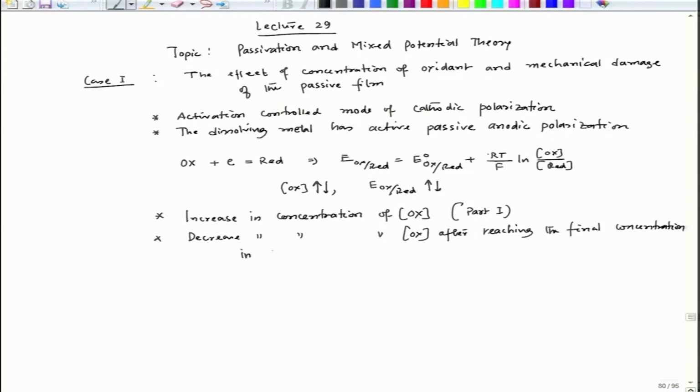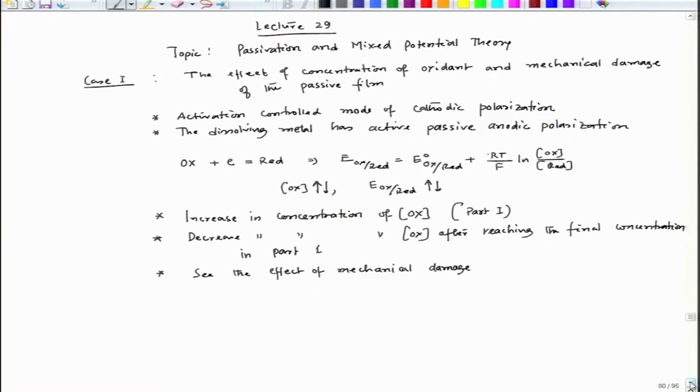When we see the second part, that time we will also see the effect of mechanical damage.